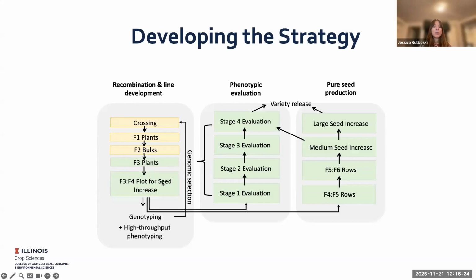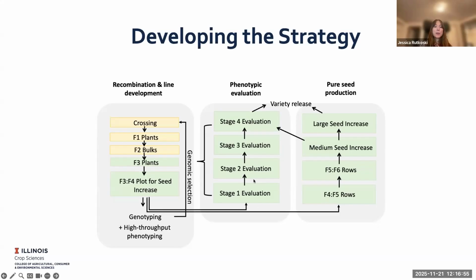We also, in that seed increase plot, will perform some selection, either by phenotypic, or now we're starting to do that more with genomic selection, so based on our predicted breeding values. And then those individuals, after we've selected them from the seed increase plots, we will then put them through phenotypic evaluation.